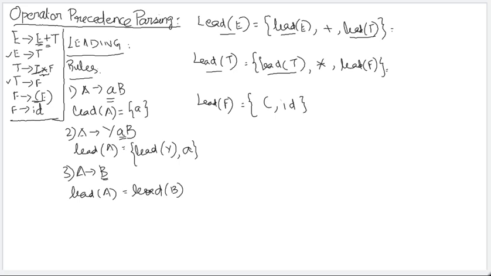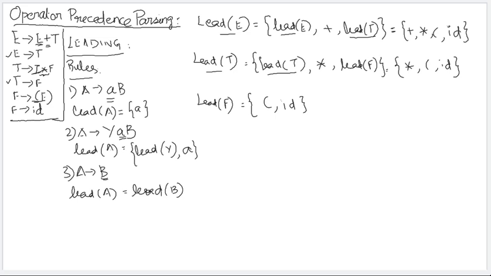Okay, so lead of F is identified. Now you have to substitute here. So the lead of capital T becomes star, open bracket and ID. And substituting lead of T, we get lead of E as plus, star, open bracket and ID. So thus we have computed the lead values for the given production.